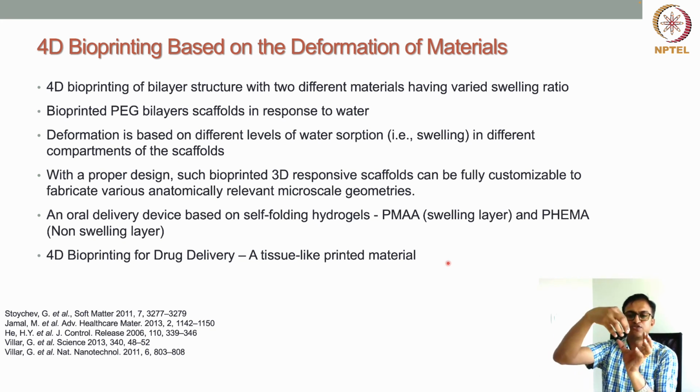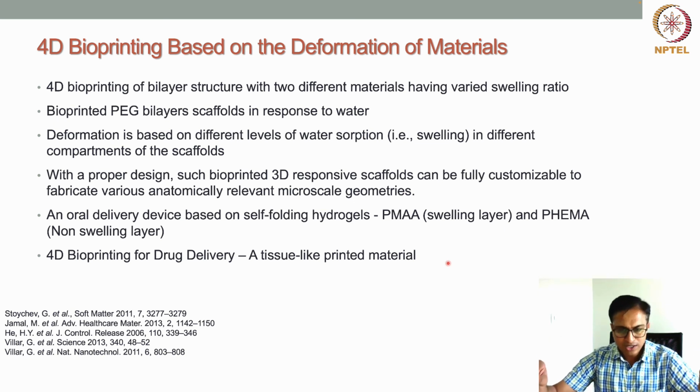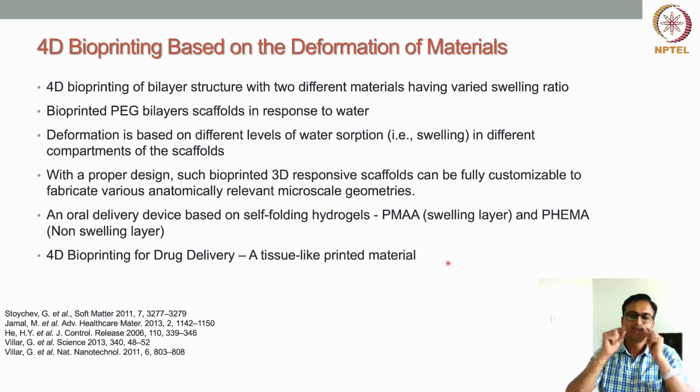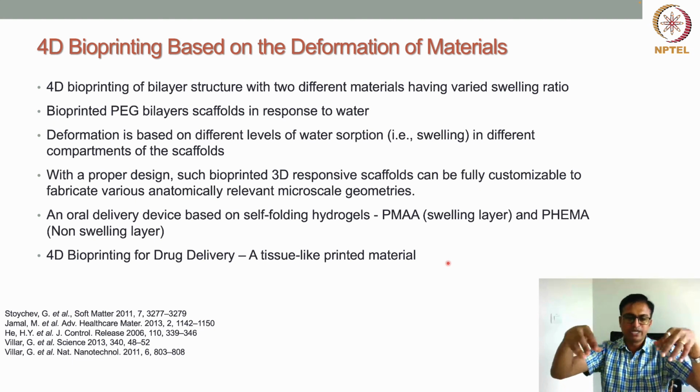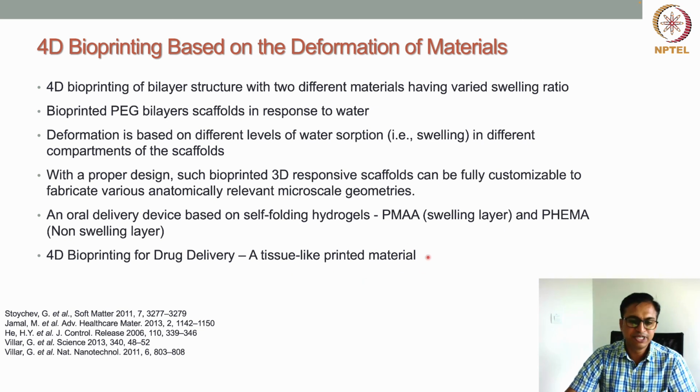Due to this difference in size, suppose the bottom layer is printed with high salt concentration droplets and the top layer is printed with low salt concentration droplets. Because the bottom layer droplets are getting bigger and the top layer droplets are getting smaller, there will be a bending of this droplet structure. So that's why they have called it a tissue-like printed material.